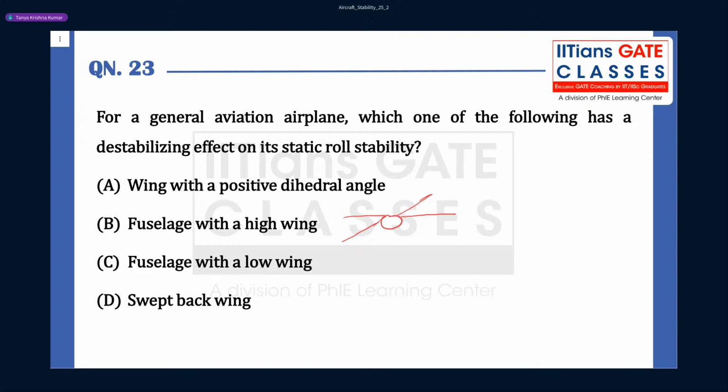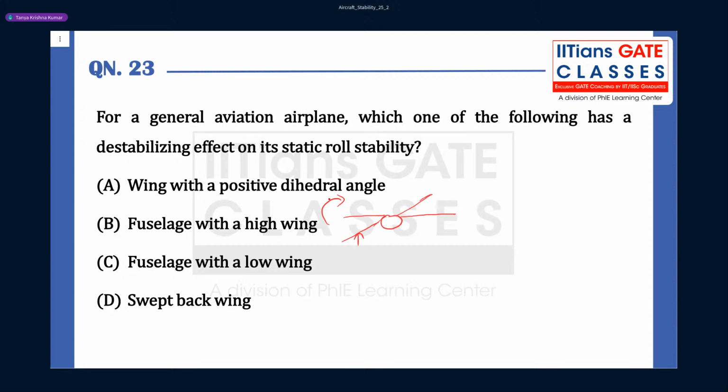What is the stabilizing moment in this direction, to counter the disturbance? That should be your restoring moment. Then we can say the aircraft is stable. For a high wing configuration, there is a component of oncoming velocity that hits in this manner, which produces this restoring moment. So the high wing configuration is stabilizing in terms of roll.